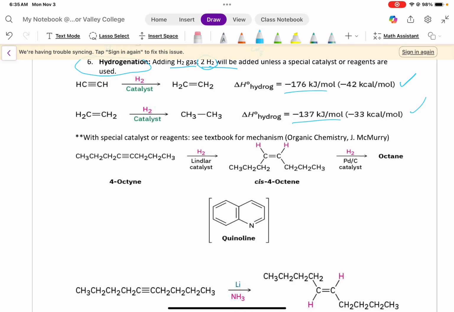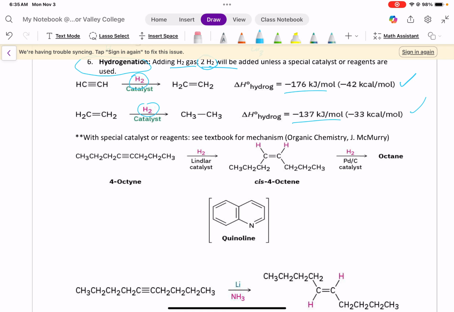It doesn't matter how hard we try to control the addition, both of them will go right away. So you start with a triple bond, you become single bond. Okay.